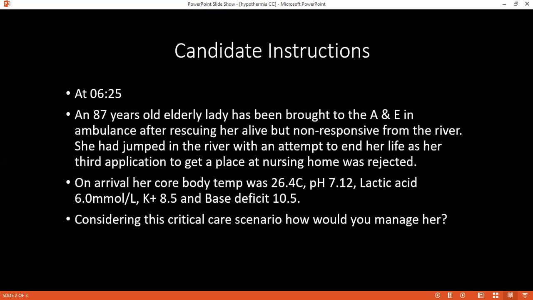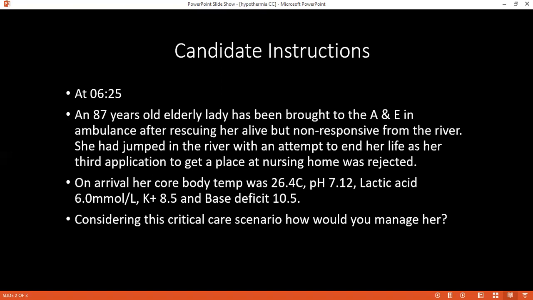Not quite satisfied with this answer, but okay. Right. How would you correct hyperkalemia? I can correct potassium by infusion of calcium gluconate, and then insulin with dextrose.